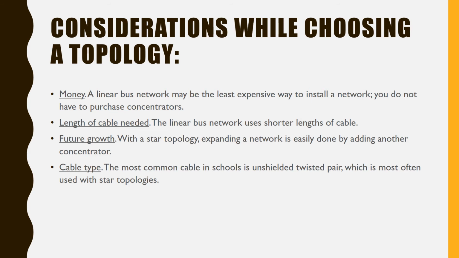Coaxial is a little expensive, and optical fiber is again expensive, and the wireless technologies are again expensive technologies. So whenever we are using some type of cable, we need to decide how much bandwidth or speed of transmission we need, and according to the speed of transmission we should decide what type of cable should be used in the network.